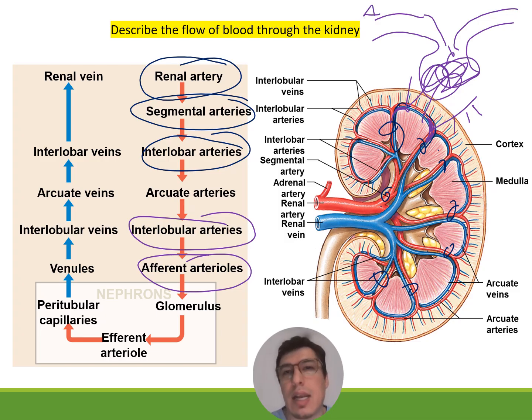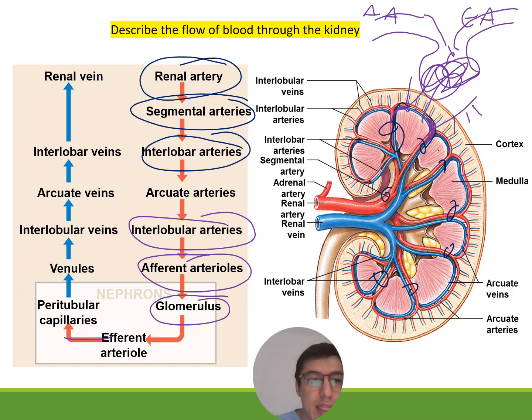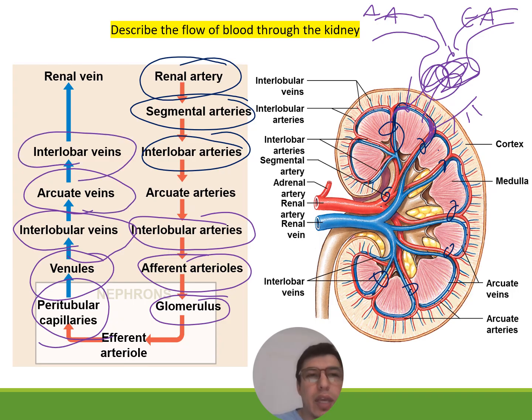So it comes in as an afferent arteriole, and it leaves as an efferent arteriole, but it's not a venule because we haven't gone through the process of delivery of oxygen or deoxygenation. It is later on in that capillary, after the glomerulus, that we go to peritubular capillaries, and then now we have venules. In that exchange, then we'll go through interlobular veins, arcuate veins, interlobar veins, and renal veins. And they're in the same position as the arteries.